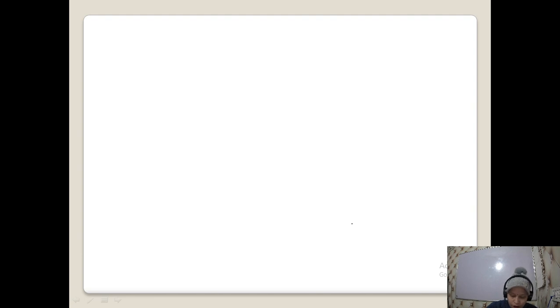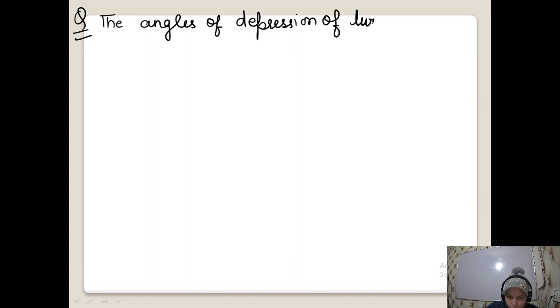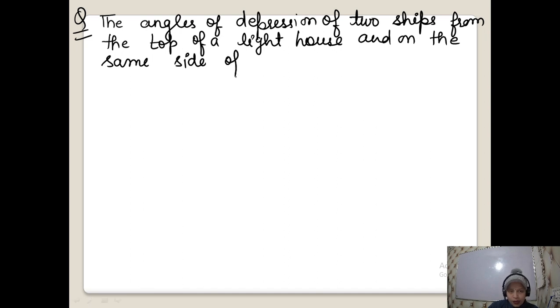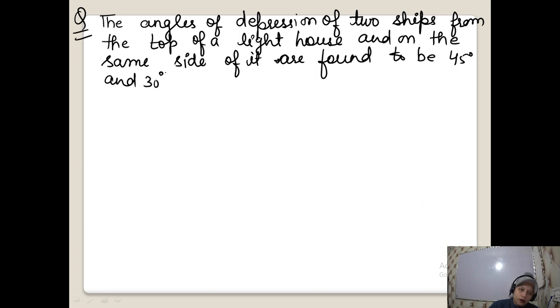Now the next question is important. For example, the question is: the angles of depression of two ships from the top of a lighthouse and on the same side of it are found to be 45 degree and 30 degree.